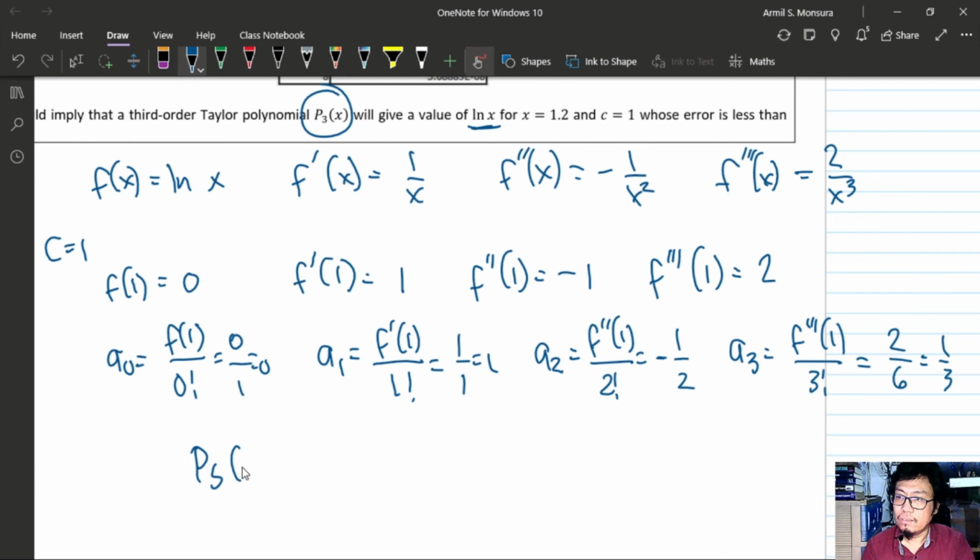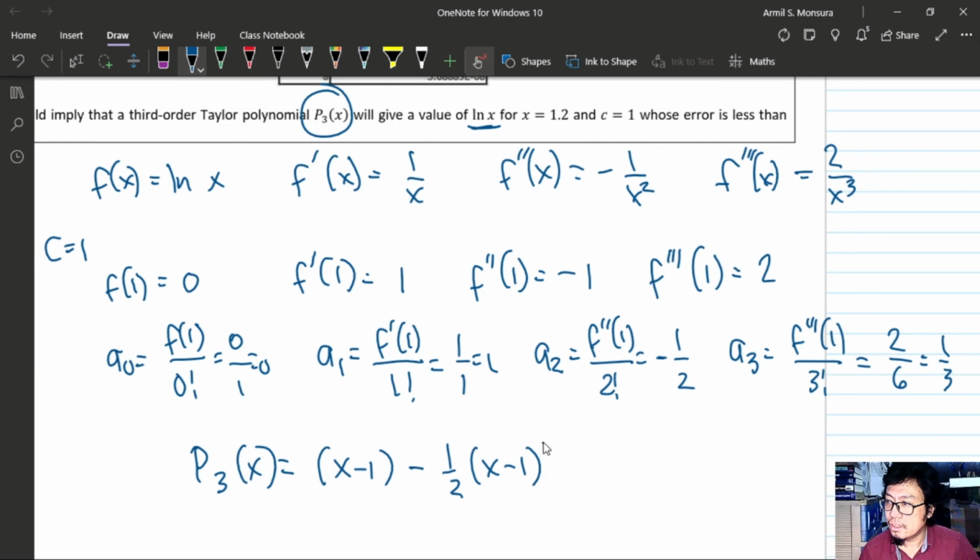So we can now write P3 of x, your Taylor polynomial, to be 0 plus 1 times x minus 1, because this is the center, minus 1 half times x minus 1 squared plus 1/3 multiplied to x minus 1 raised to 3.